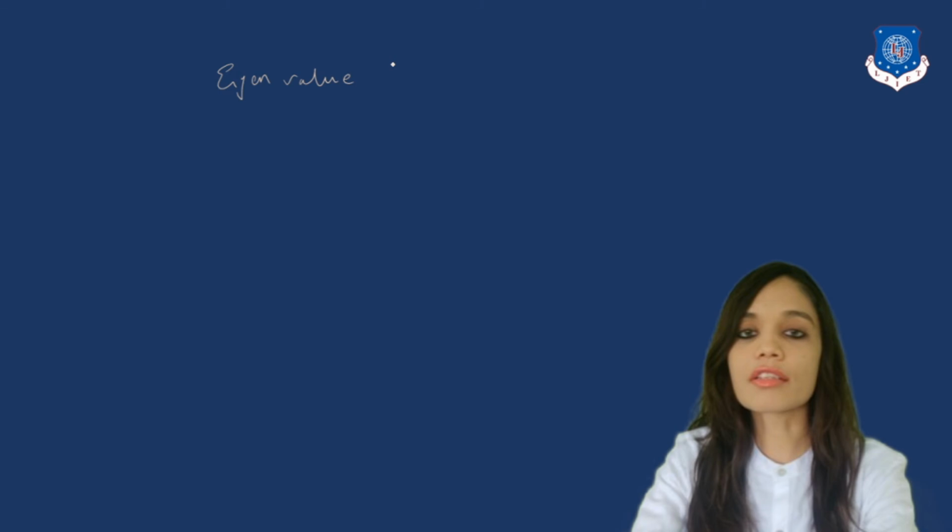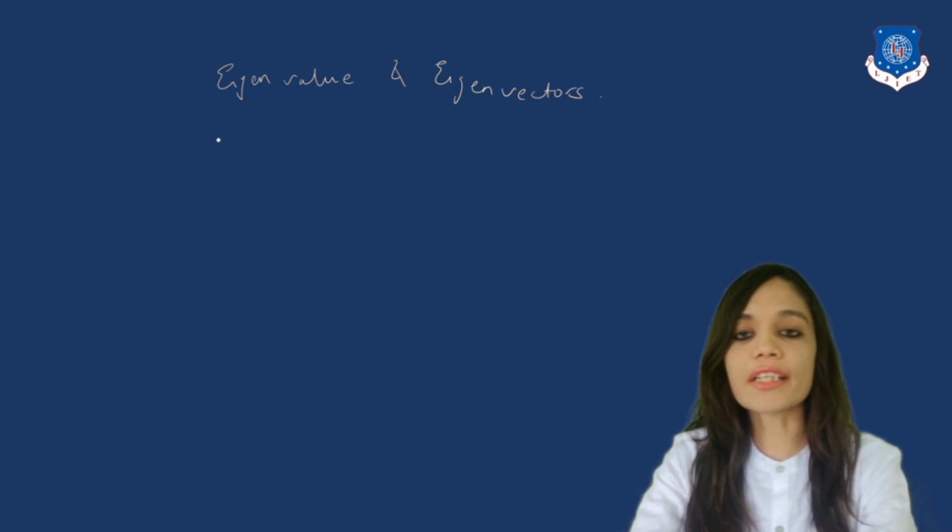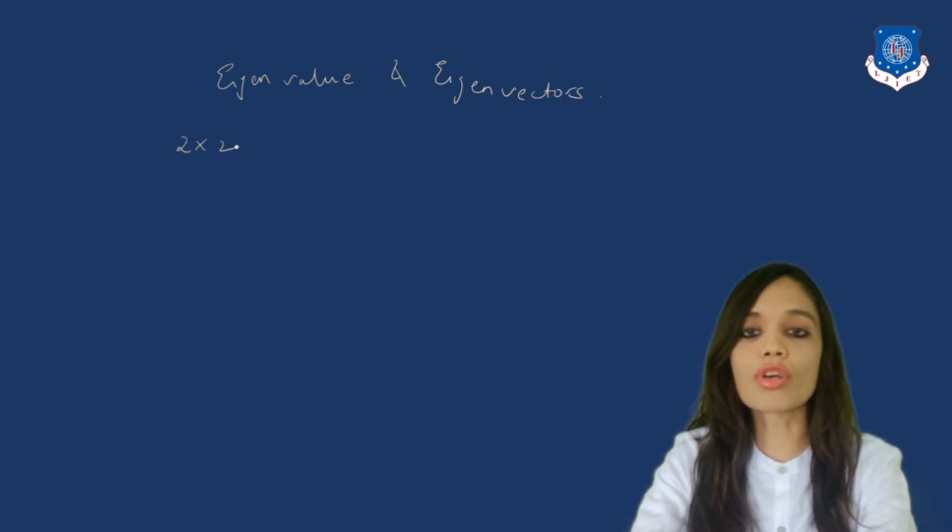Okay? So in today's session we have studied how to find eigenvalues and eigenvectors. We have used the characteristic equation of order 2 cross 2 or order 3 cross 3.